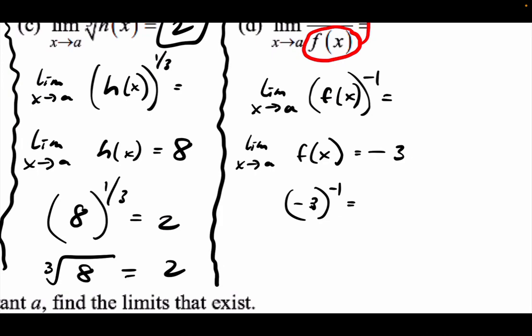No, negative powers don't change signs. What do they do? They make it a fraction, right? So this goes to the bottom. It would still be negative 1/3, with a positive 1 on top, which is just 1 over negative 3.